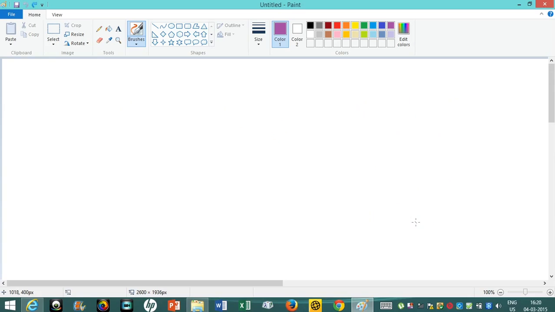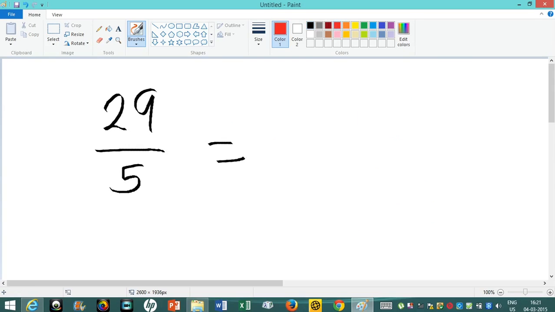Let's start off with an example: 29 by 5. The first thing you want to do is multiply your numerator by 2. So 29 times 2 is 58.